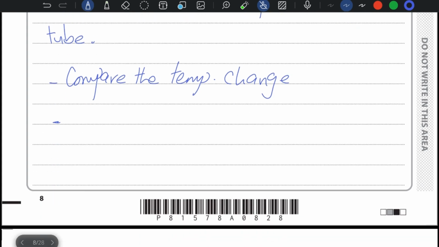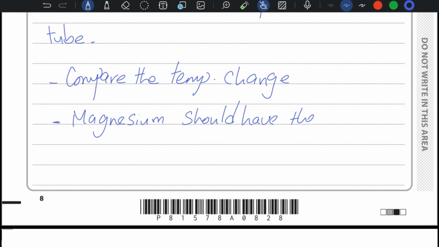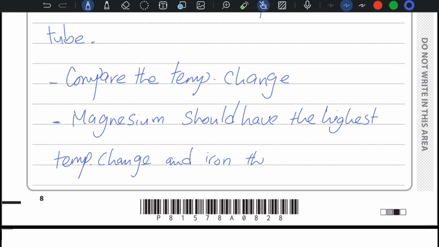So we can say that magnesium should have the highest temperature change and iron the lowest change. You know that zinc will be in between both of them.